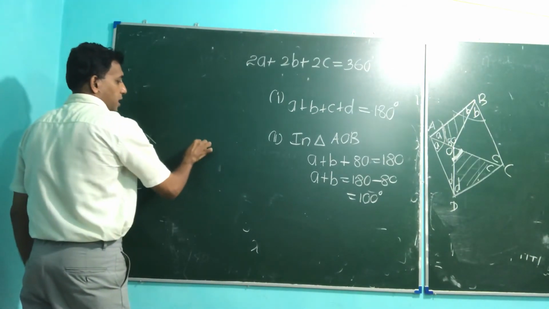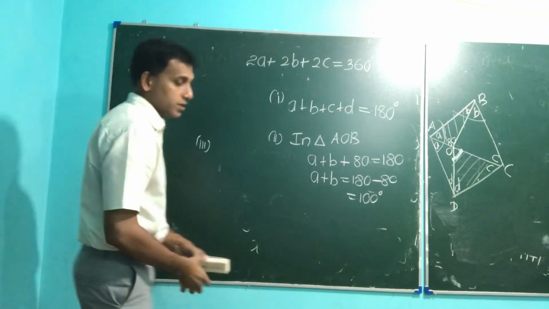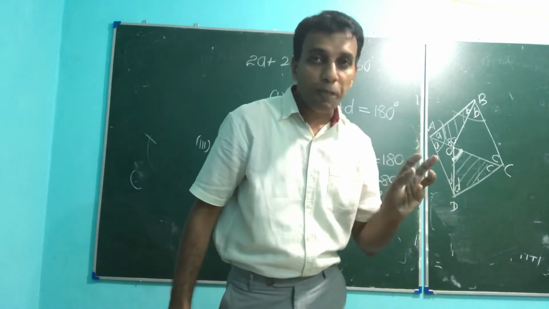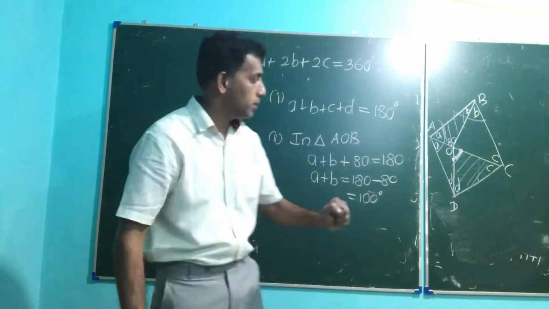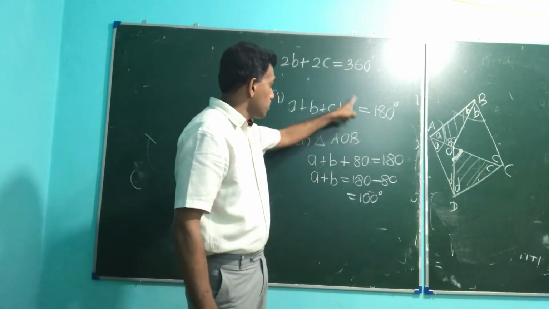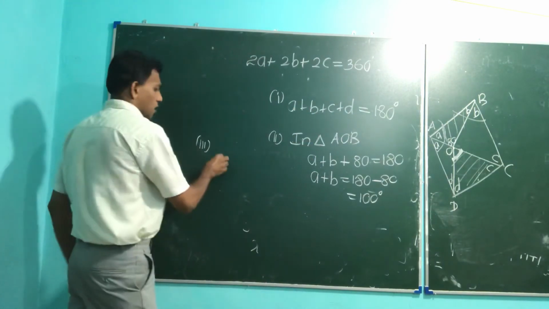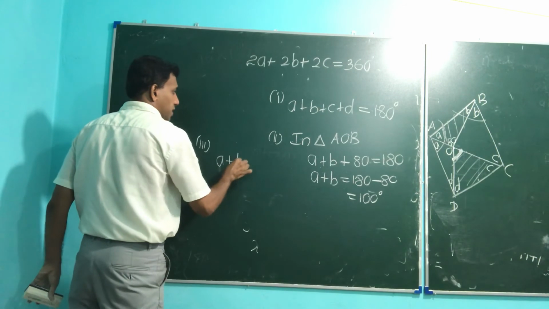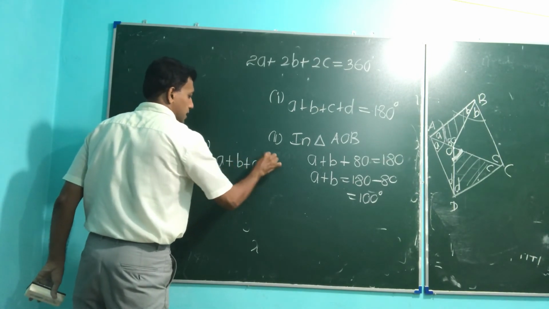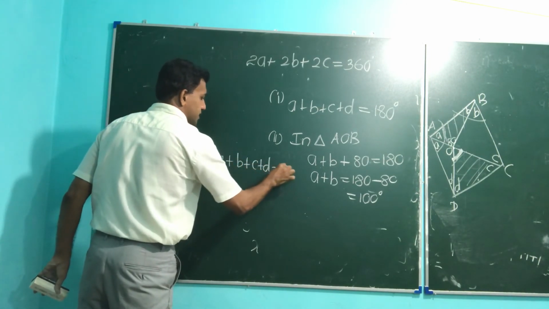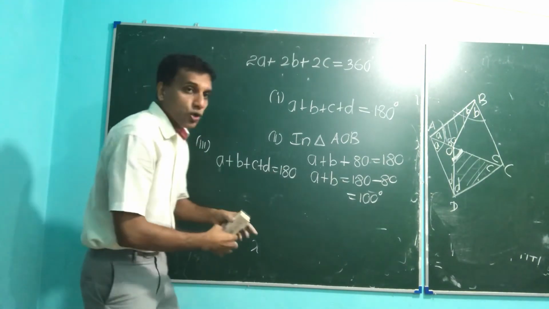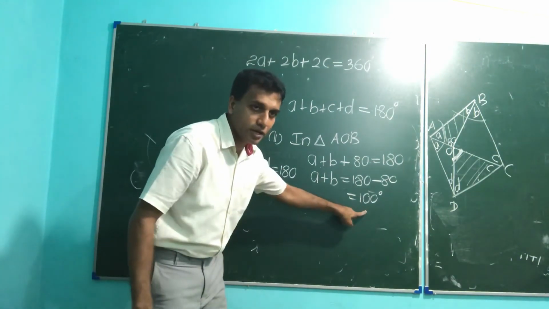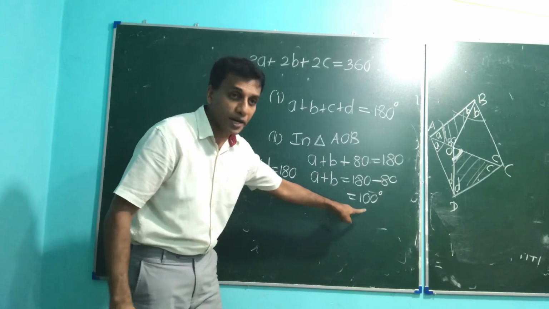See third part answer. They ask C plus D answer is what? So come to this. A plus B plus C plus D is 180 degrees. You know A plus B is 100.